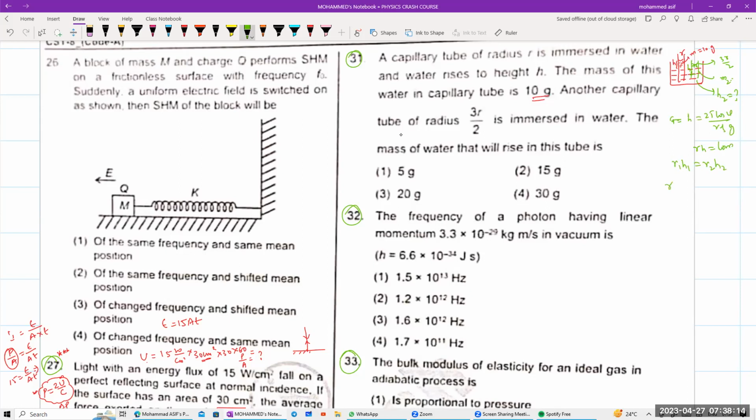We need h2, so h2 is equal to r1 h1 divided by r2.